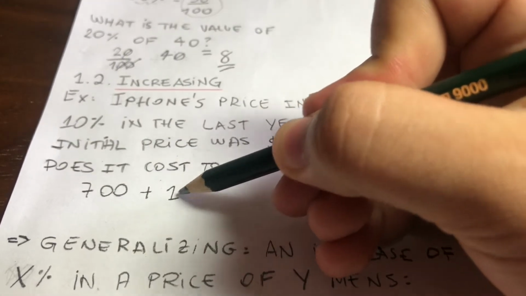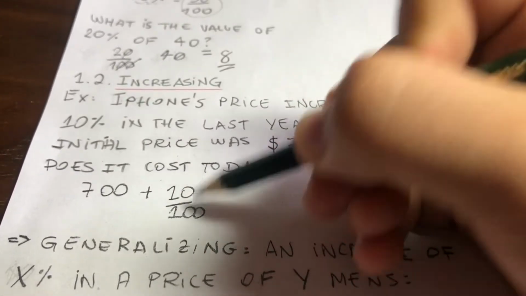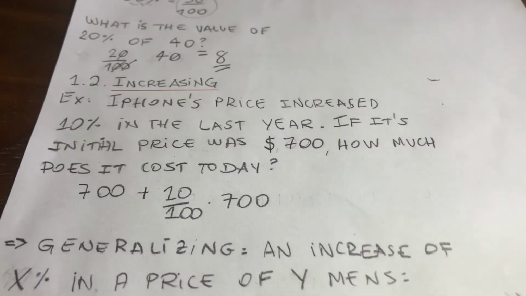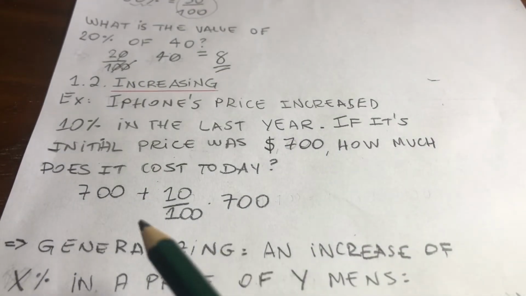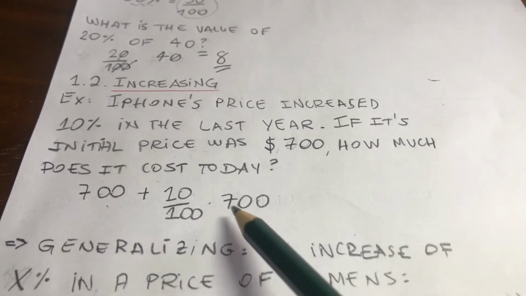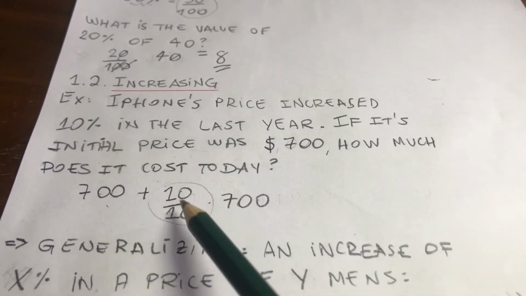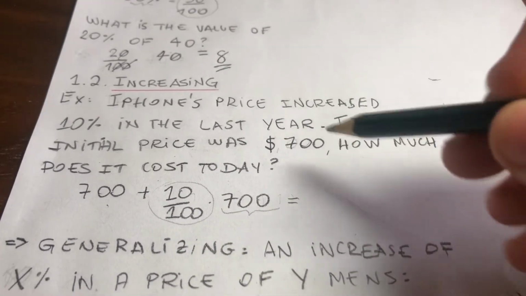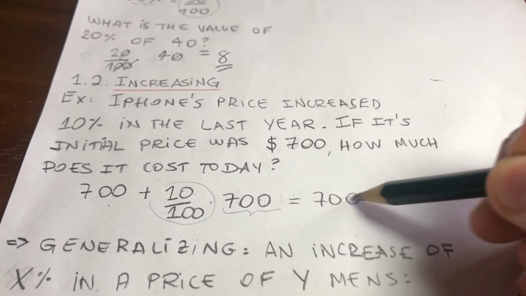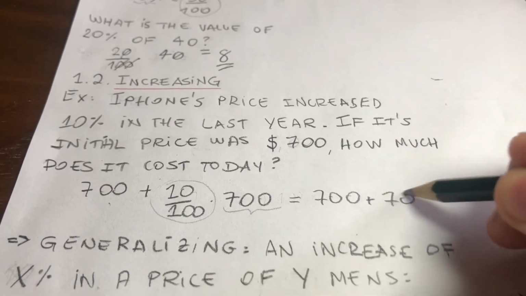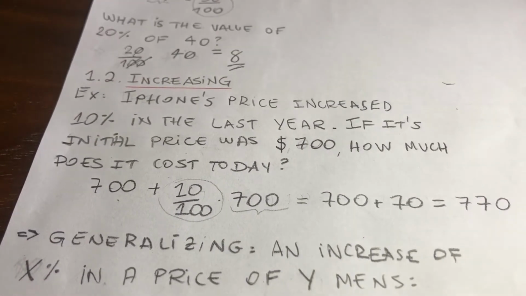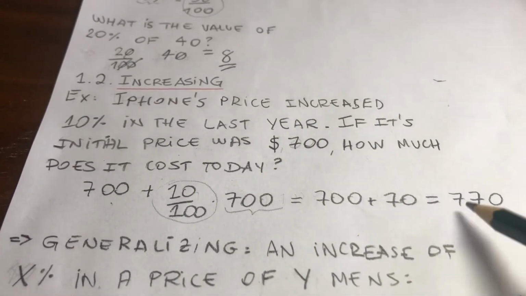So I'm adding 10% of its initial price. Now it's going to cost the initial price plus 10% of its initial price. And this is going to give us 700 plus $70, $770. Great, and this is the final price.